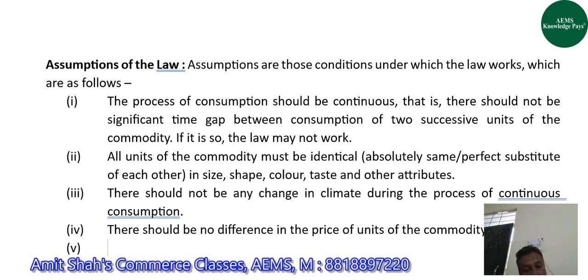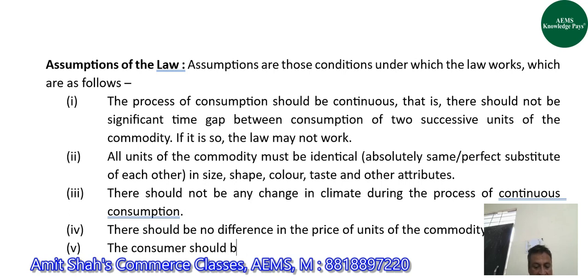The first samosa is of rupees 20, but the second samosa is of rupees 10 only. And it is absolutely the same samosa, then obviously the second samosa will give me more satisfaction than the first one because it is cheaper to me. I hope guys you understood this, right?